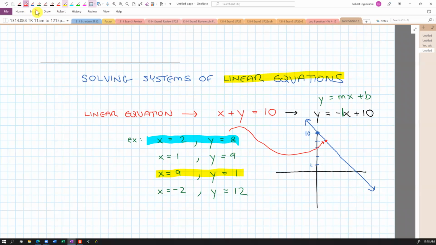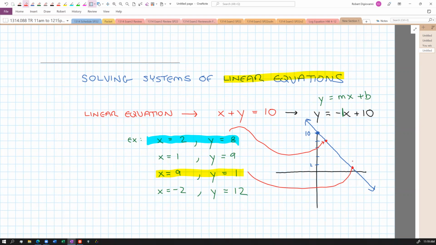That one, you go out to the right 9 and up 1. It's right there. That's 9, 1. So remember, the whole point is when you have a linear equation, it can be graphed as a line, and the line really represents all the different solutions, right? Just drawn out on a solid line.